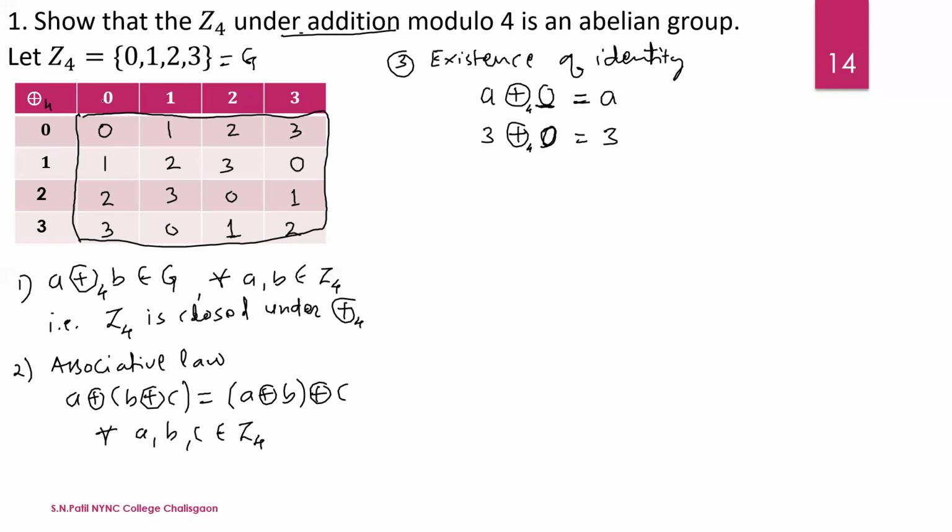Okay. So the first, second column, 1 plus 0, 2 plus 0, 3 plus 0. Okay.